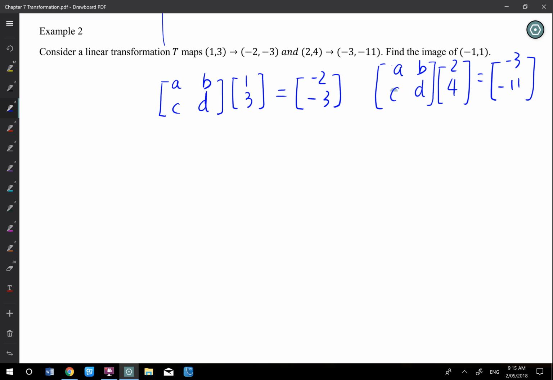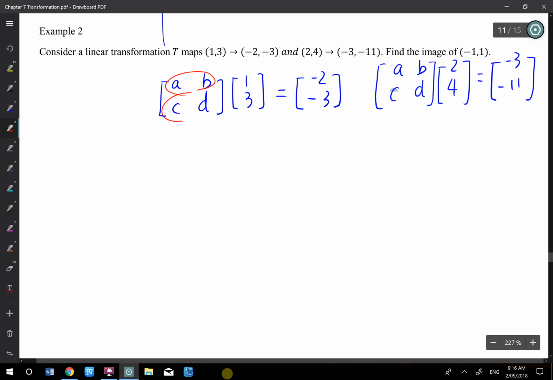After I set up the matrix according to what they give us, what we need to do is calculate and equalize. So for the first one, what I will have is A plus 3B and C plus 3D, equals -2 and -3.